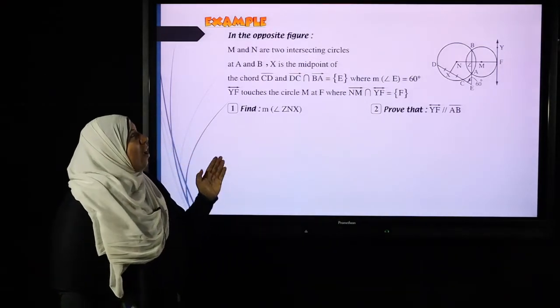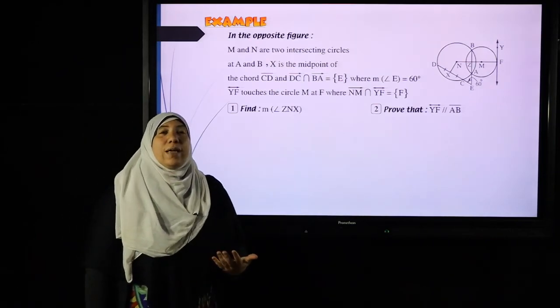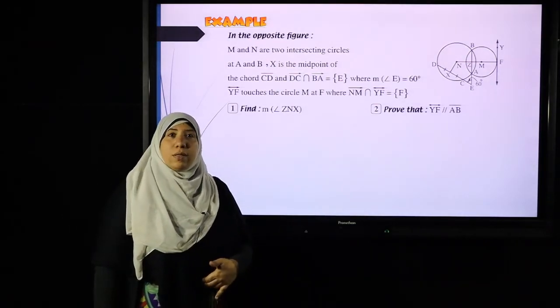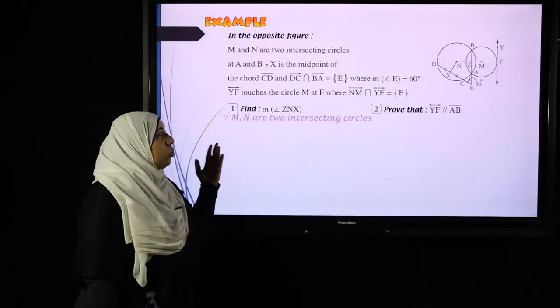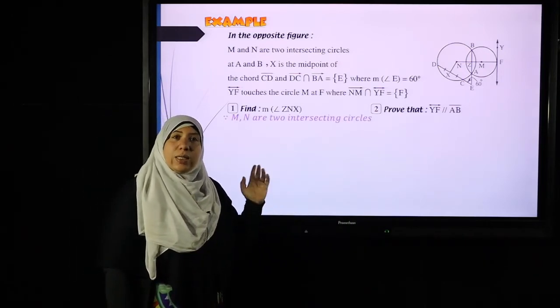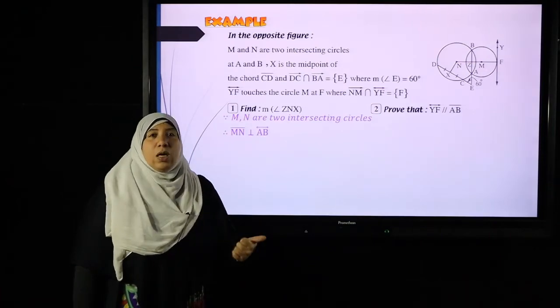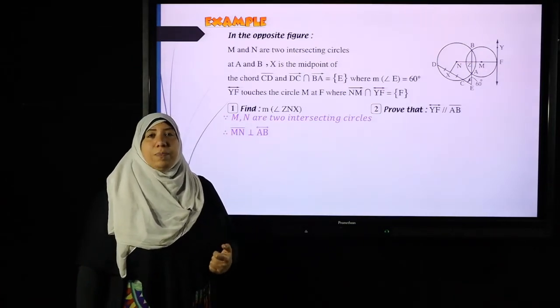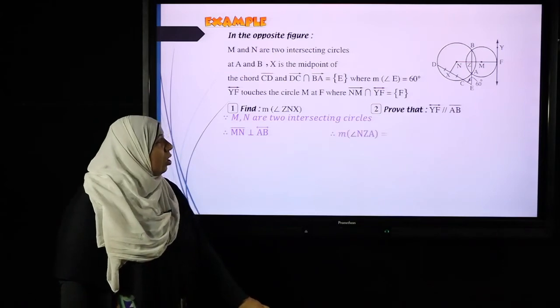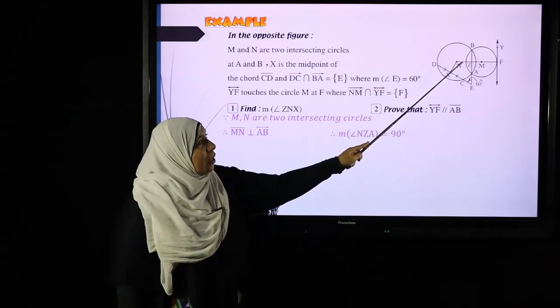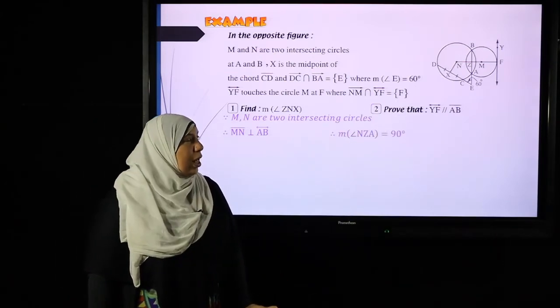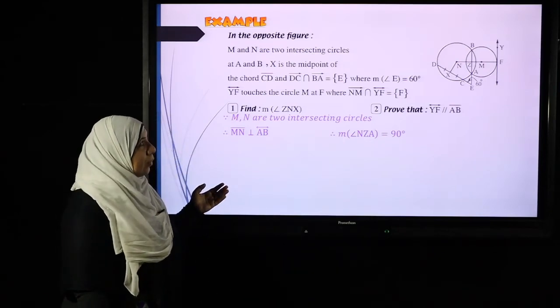So I have here a lot of givens. One by one, I have two intersecting circles. It's a given I have to use, yes. If you have two intersecting circles, as we said in the last slide, therefore MN is perpendicular to and bisects AB. So I have here angle 90 degrees at Z, NZA.